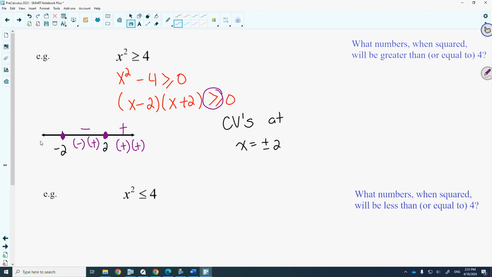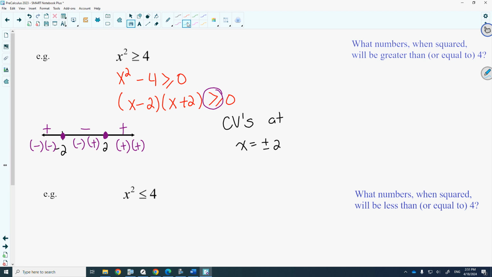Pick a number left of negative 2, so let's pick negative 3. Negative 3 minus 2 is negative 5, a negative number. Negative 3 plus 2 is a negative number. That's going to be a positive region. I'm looking for where my solution is greater than or equal to 0.